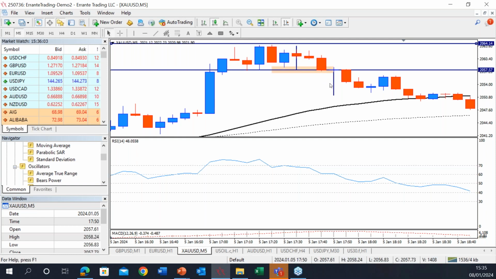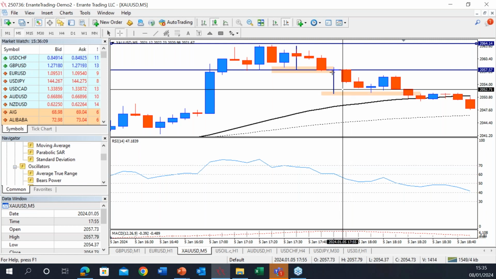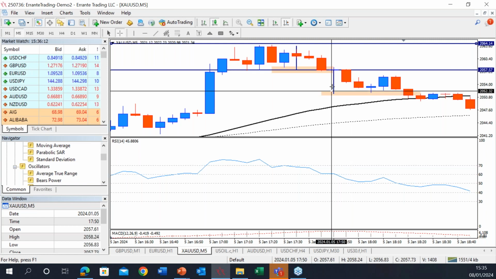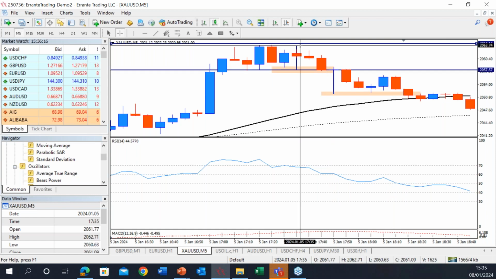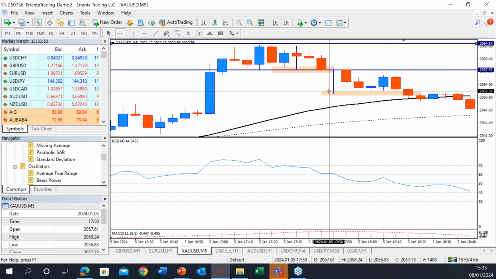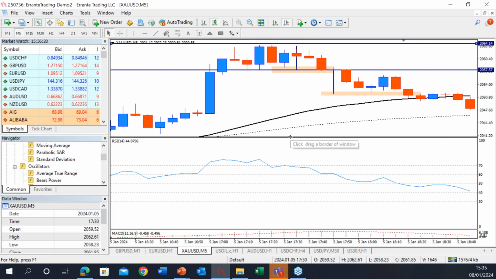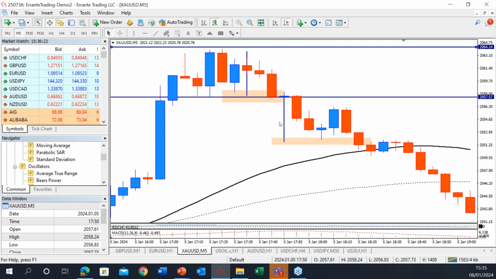So it's better to just stay with your risk management rules and have your take profit level at this level, at the 1-to-1 risk to reward ratio. This is the first thing. And because the market sentiment in very short time frames can turn around quickly, you might end up in a loss.